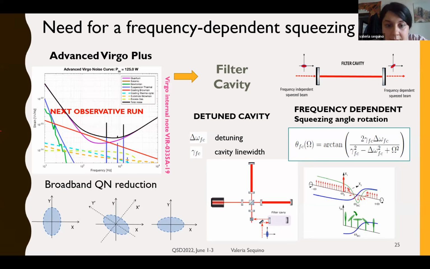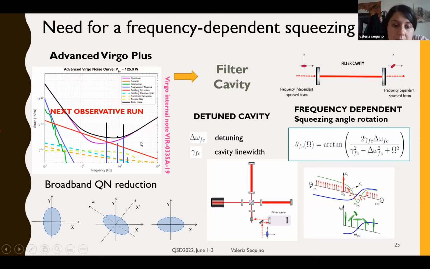As I said some slides ago, radiation pressure noise, the component of quantum noise in this part of the detection band, is related to the amplitude of the vacuum fluctuations.